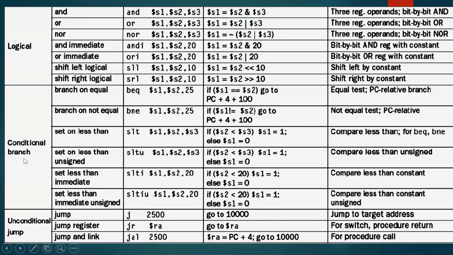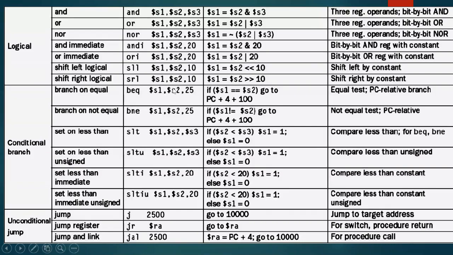Some conditional branch. This is very important. Conditional branch is nothing but you're going to use four types of things. Mainly, one is branch on equal. Branch on equal means you're going to use an if condition. That is the mnemonic BEQ $S1 comma $S2 comma 25. What it means is, for a condition statement, it is an if.